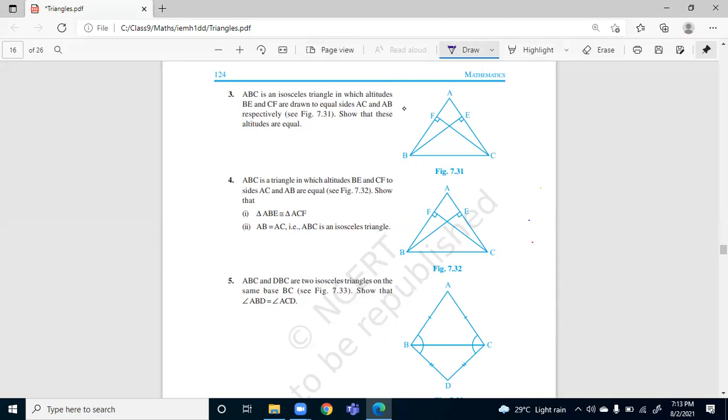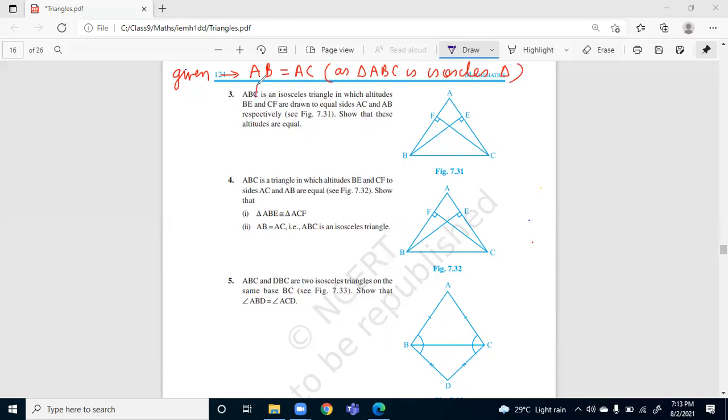So whatever is given in the question, we will write first. Triangles ABC and DBC are isosceles triangles. So isosceles triangle, what does it mean? Two sides are equal. So I can write AB is equal to AC. I can write the reason as triangle ABC is an isosceles triangle.